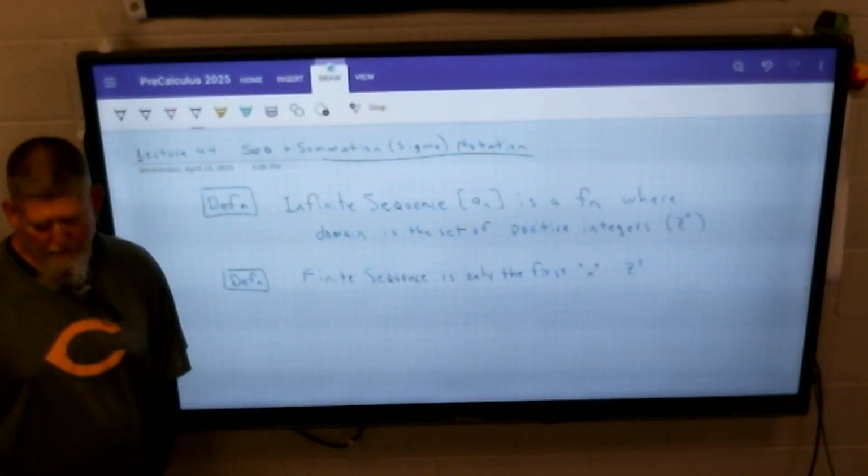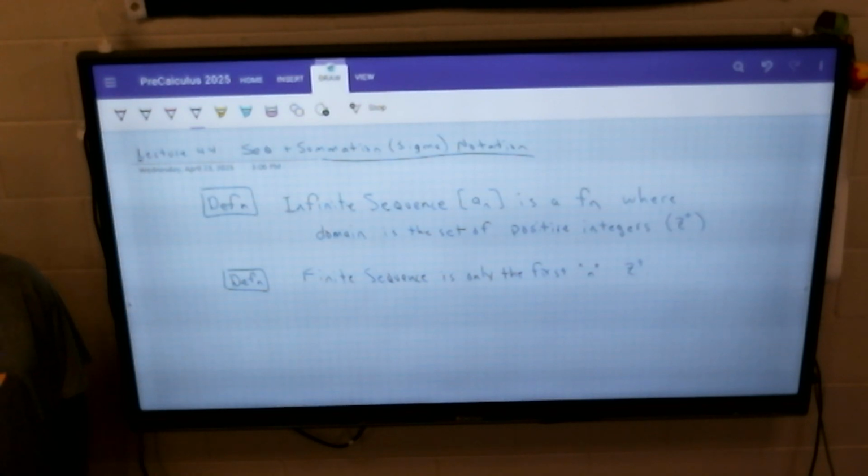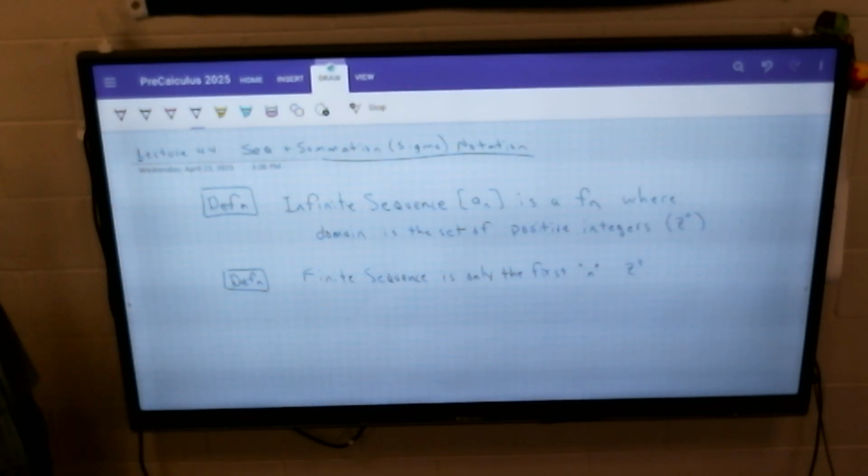So like maybe I want to go from 1 to 5, the first 5 numbers in the sequence.